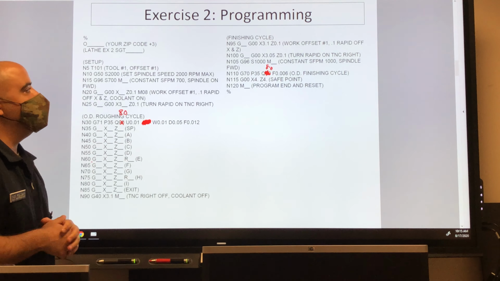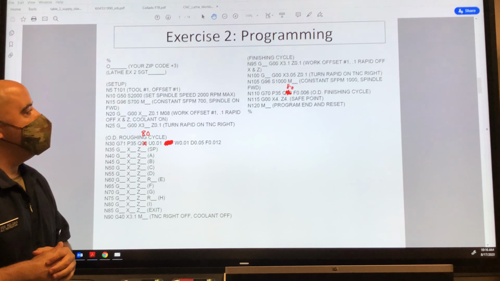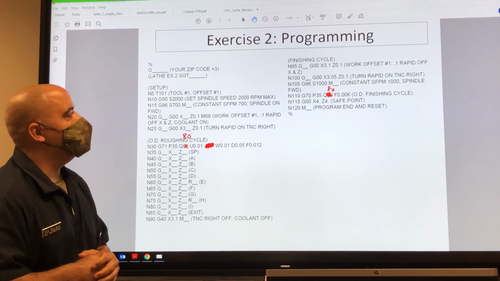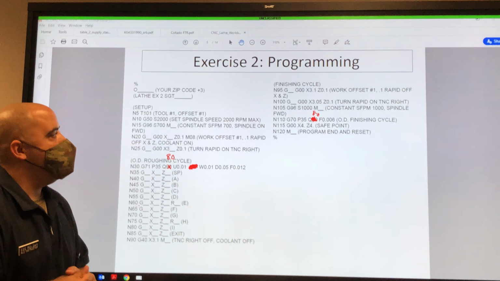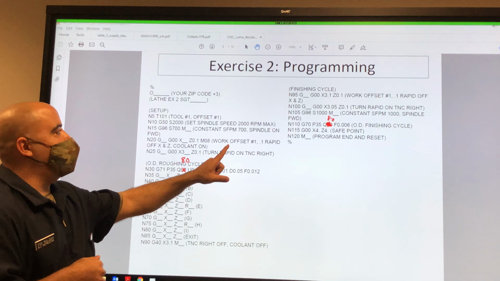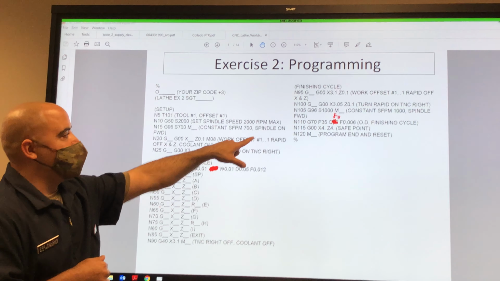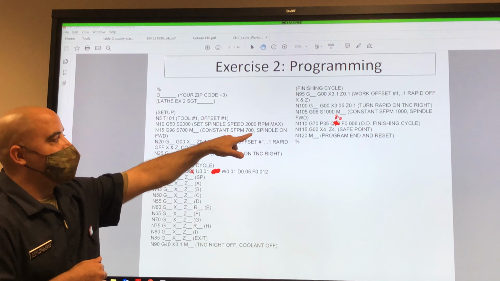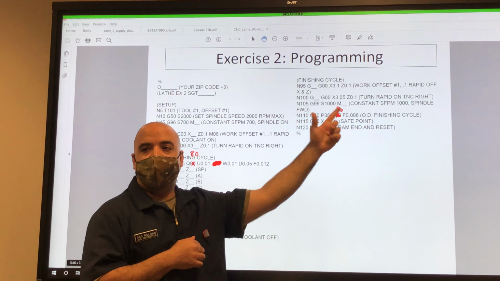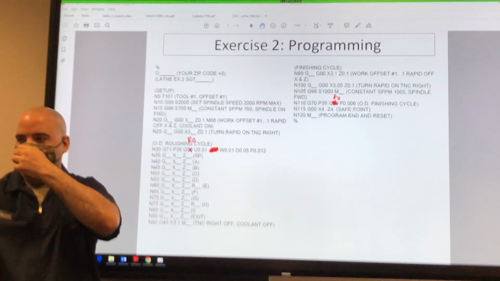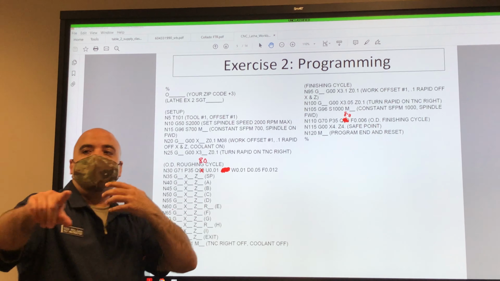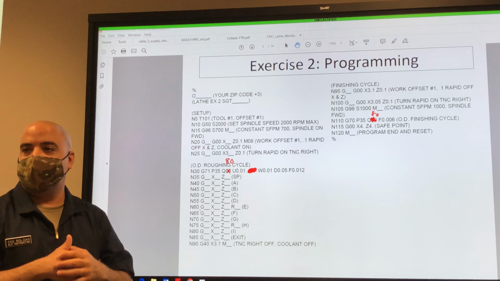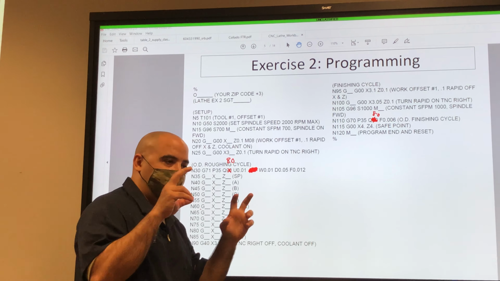That's the start point of where you started the rough cycle, and then the Q80 is the end point of the cutting. Anybody want to take a guess why we ran the surface feet per minute faster with a lower feed rate than we did in our roughing? Make it look prettier. Okay, so you get a smoother finish at the end, right? Because it's a finishing cut.